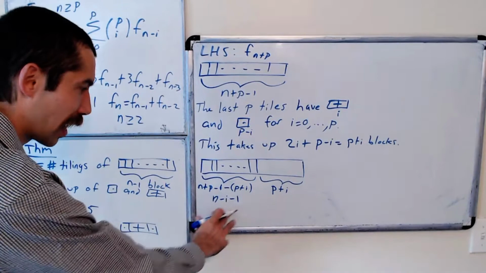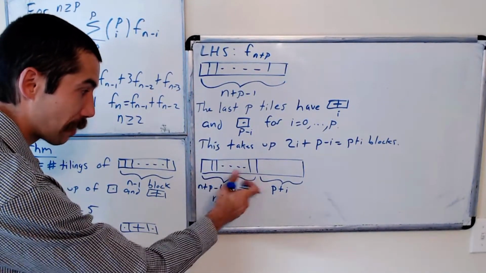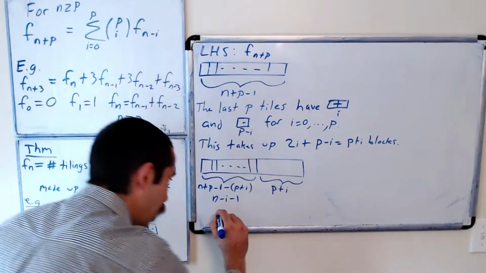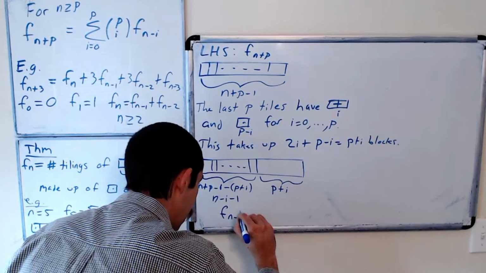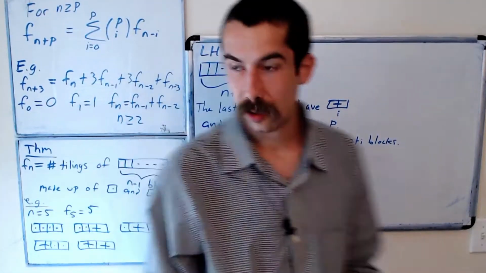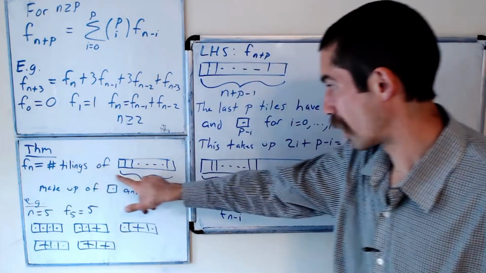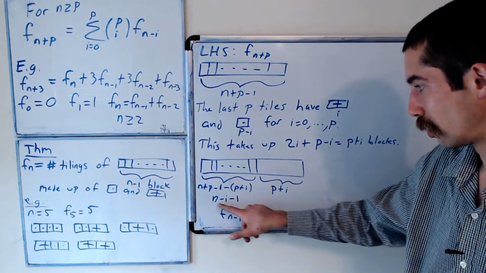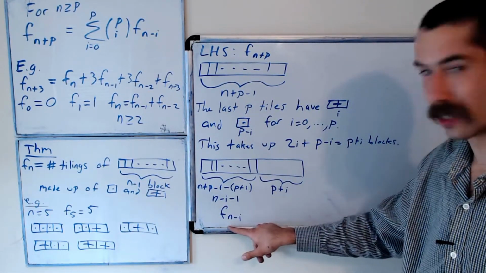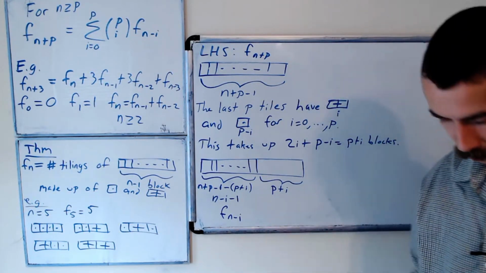So how many ways are there to tile these? Well, for n minus i minus 1 blocks, there are fn minus i ways to tile these, right? That's what the theorem says. Our theorem says fn is the number of ways to tile n minus 1 blocks. So n minus i minus 1 blocks could be tiled in fn minus i ways. You follow me?